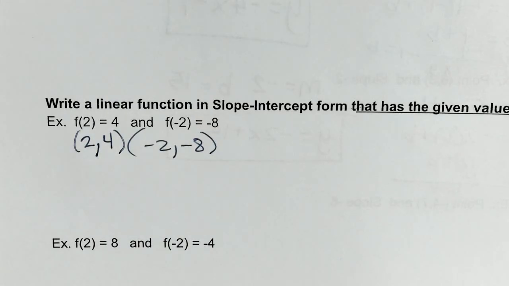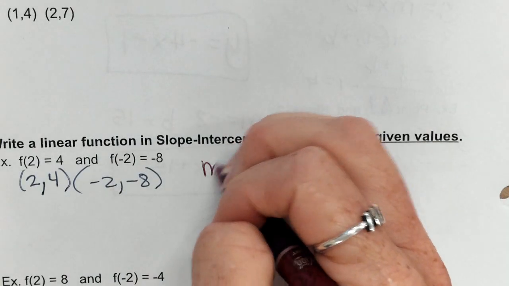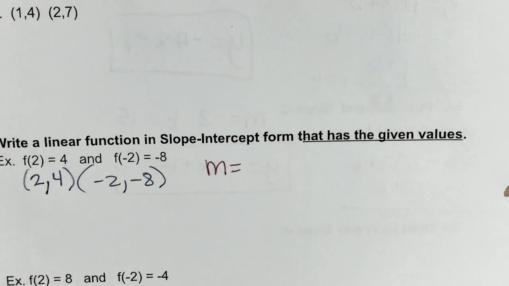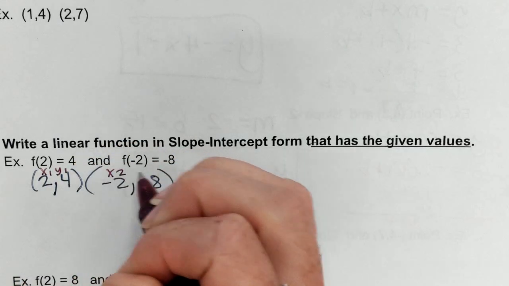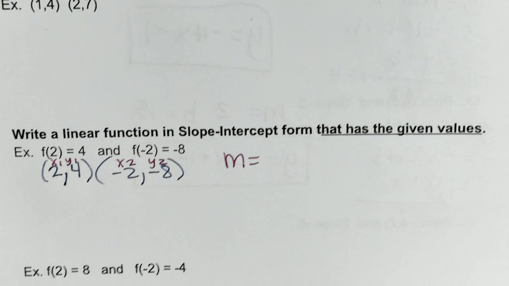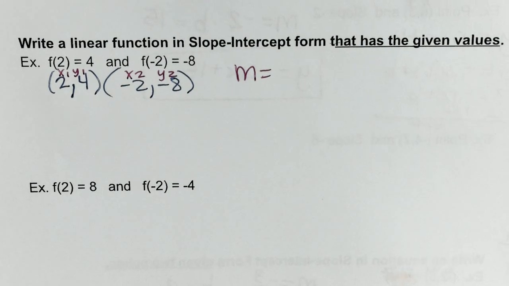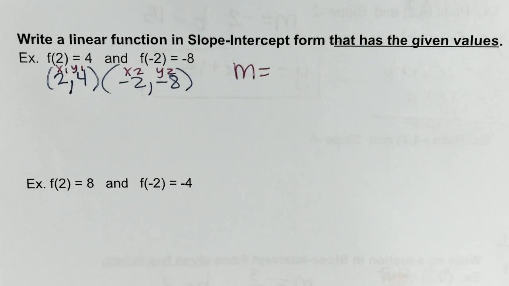So we're only going to do one of these. How do I get the m? y2 minus y1 over x2 minus x1. So this is x1, y1, x2, y2. Are we good? All right.